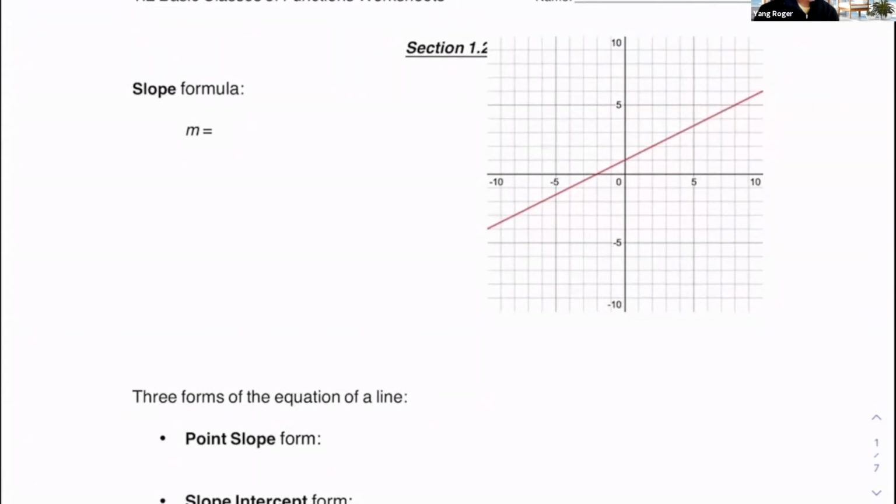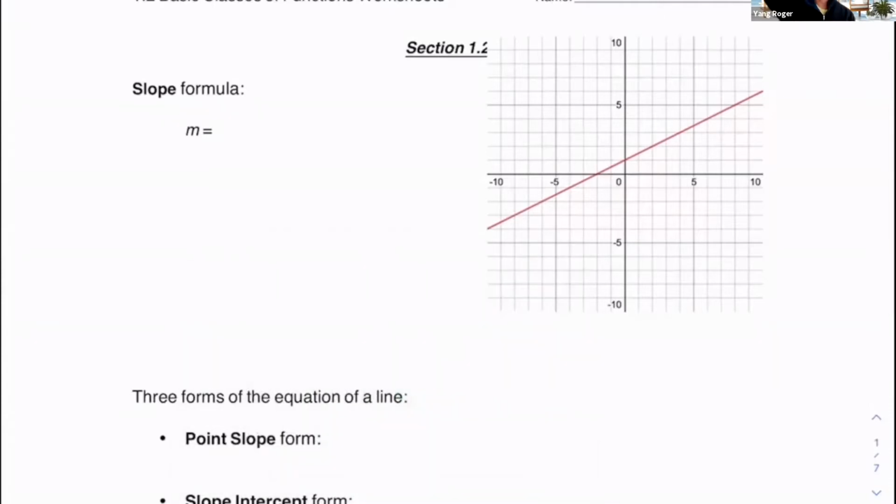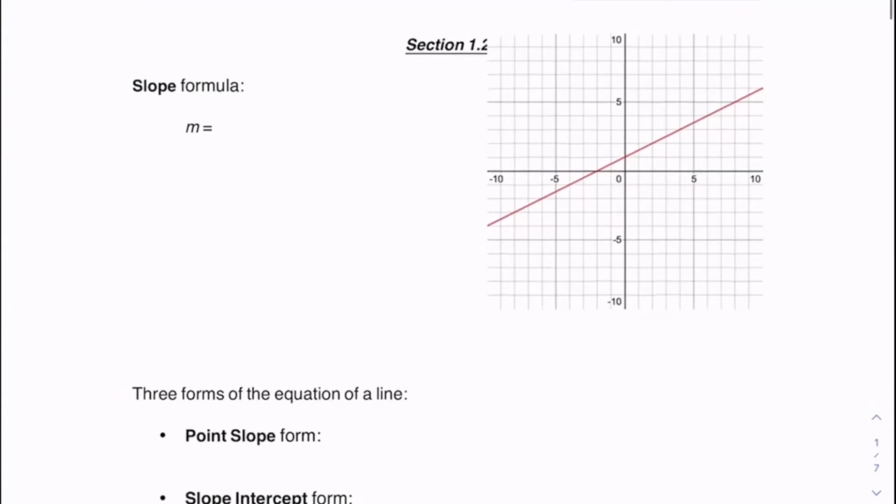Whenever someone gives you the slope formula m, students usually immediately think two words, something over something. What are those two words that people usually say? Rise over run. Yeah, rise over run.